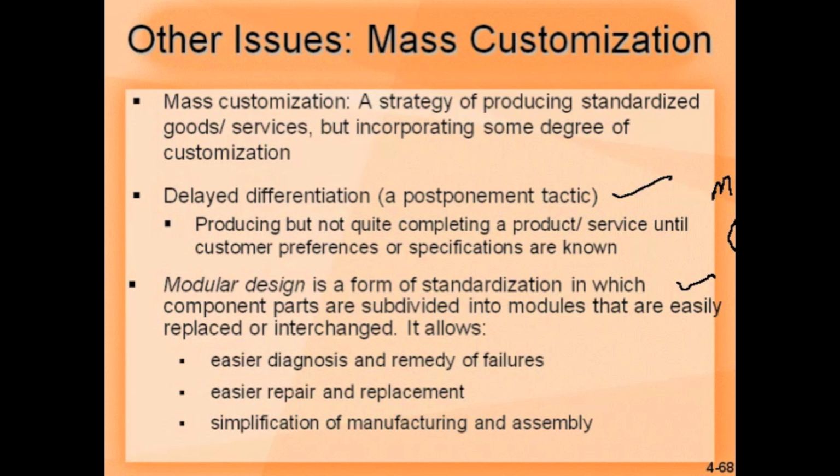So if something major happens to the engine or transmission, the whole thing can be taken out and replaced by a new engine or transmission. So it allows easier diagnosis and remedy of failures. Problems can be corrected more easily, especially if it is a severe problem. So easier repair and replacement, simplification of manufacturing and assembly.